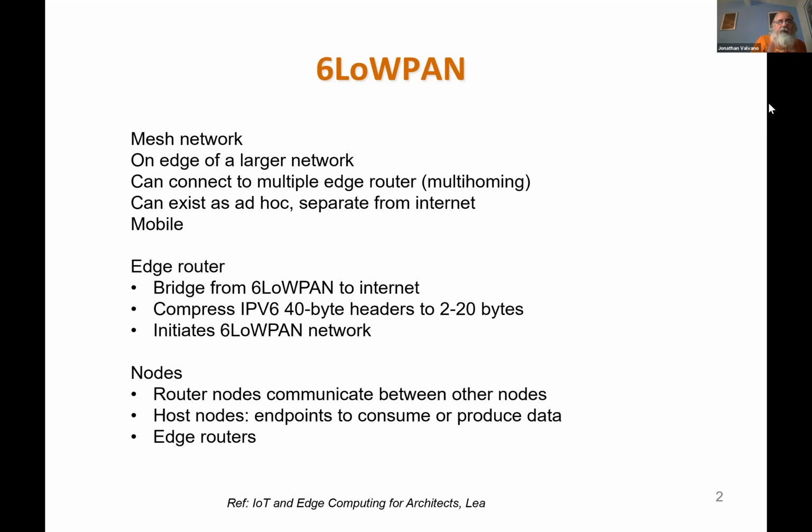An edge router is the bridge between the local and the world. It is meant to be low power and simple, and so it's going to downsize a lot of the things that are complicated in IPv6, like the headers and the IP addresses, to very small amounts.